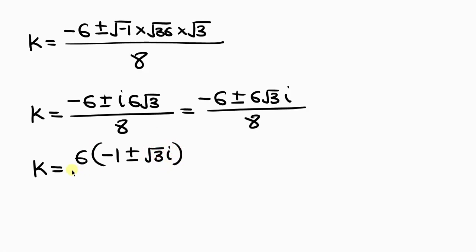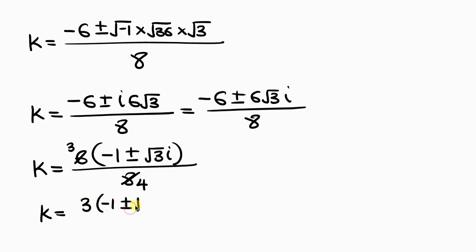Very good. All over 8. So this becomes 8 divided by 2, which is 4, and 6 divided by 2, which is 3. So we have the value of k to be 3 times negative 1 plus or minus the square root of 3i, all over 4.